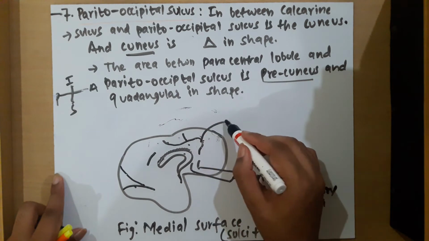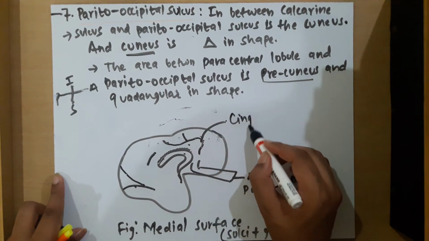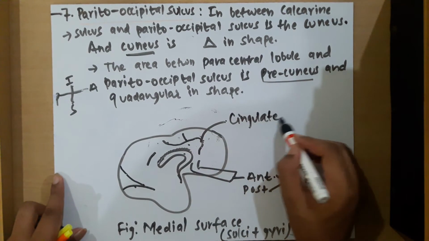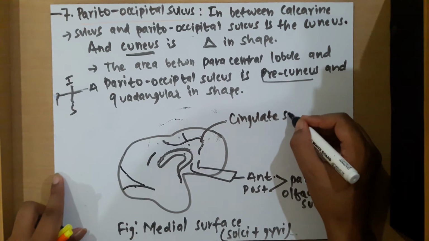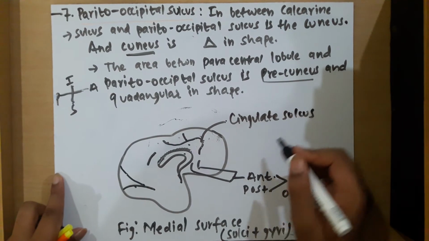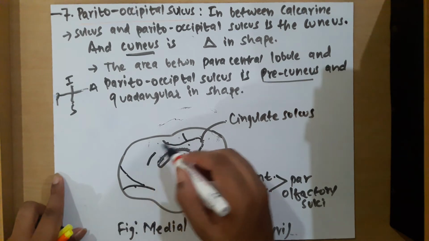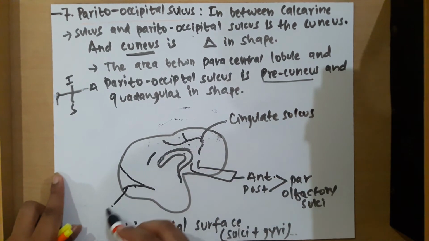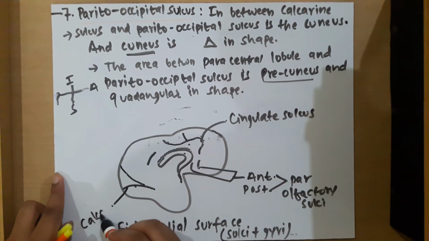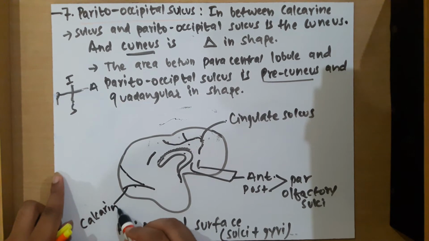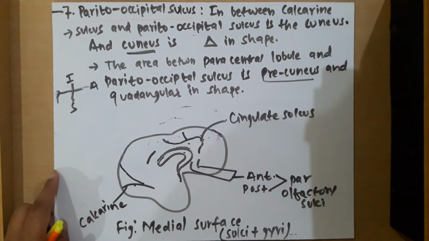This is cingulate sulcus. This is calcarine sulcus. Okay, calcarine.